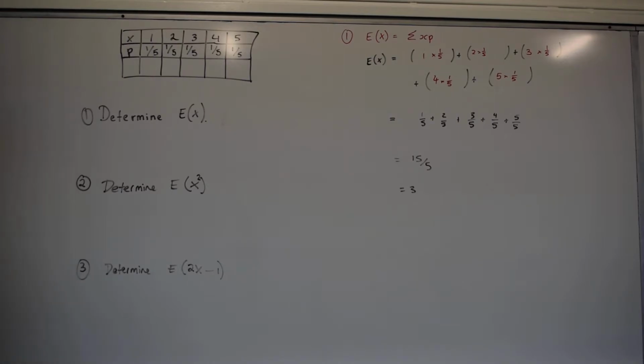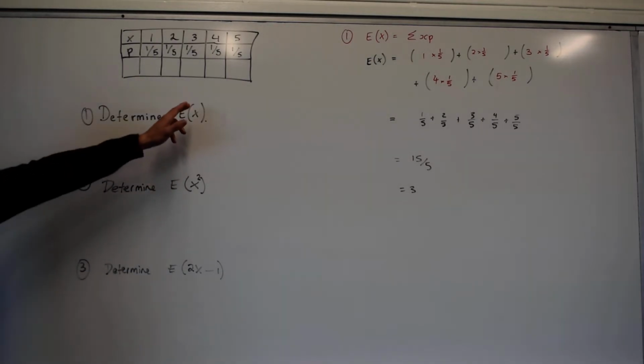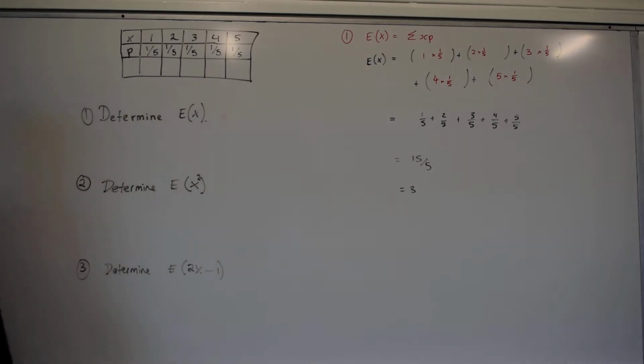Because all these events are equally likely to occur, so the middle score is likely going to be our expected value. Cool?